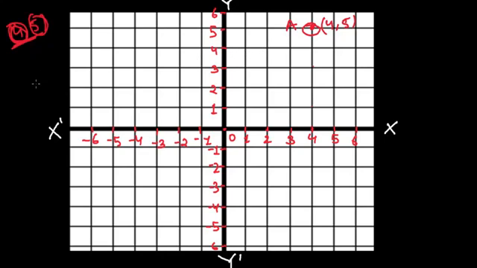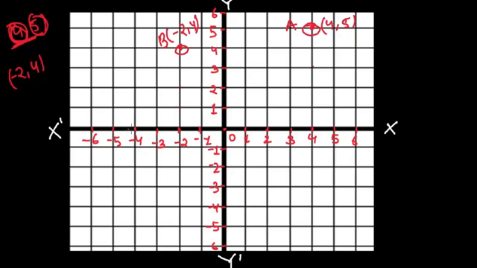Okay, let me take another one, minus 2 and 4, suppose. Minus 2 means along the x-axis it is minus 2, and along the y-axis it is positive 4. So negative 2 along the x-axis, 1 2, and along the y-axis positive 4, 1 2 3 4. Let me give this the name B. So B is minus 2, 4, this is the position of this point.